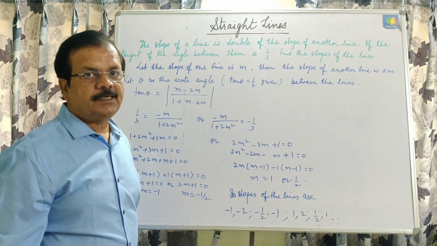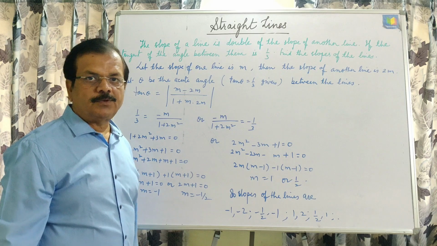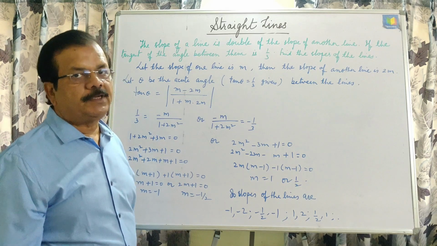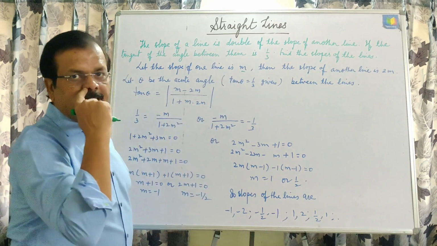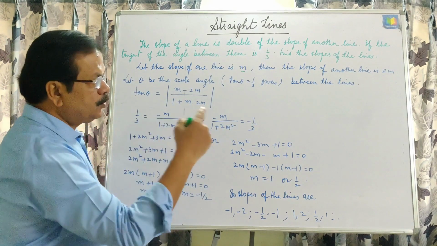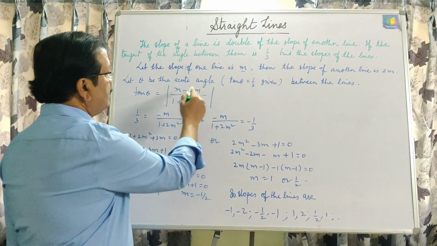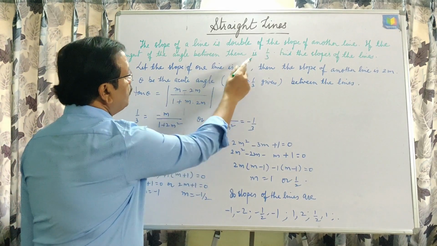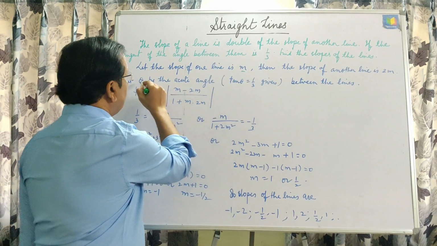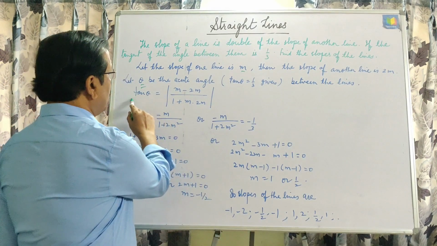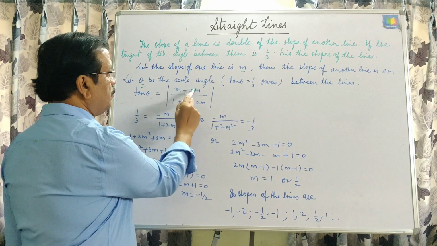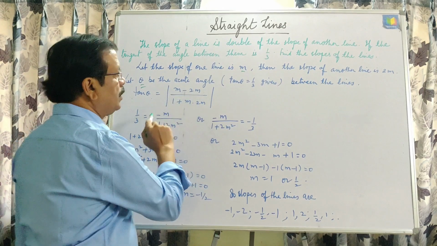We just studied which formula will be used in case of the angle between two lines. Let the slope of one line be m, then the slope of another line will be 2m. This is given, and if this is given as 1 by 3, then this angle will be an acute angle, and that is why we will use the formula tan theta is equal to m1 minus m2 upon 1 plus m1 m2.